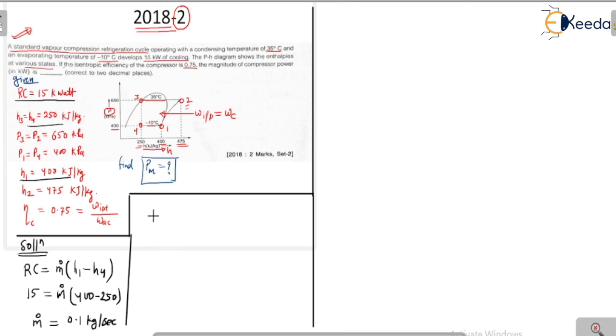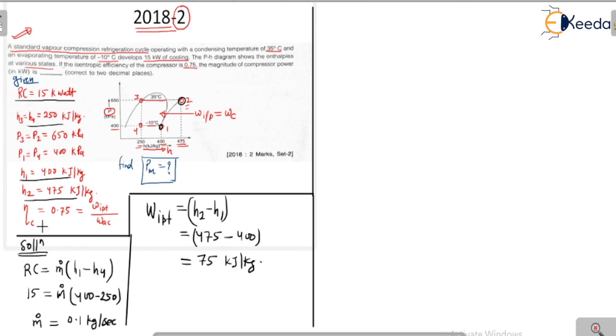After that you can find your work done isentropically, and that is H2 minus H1, your compressor work. By the given data, H2 is 475 and H1 is 400. So your isentropic work is 75 kilojoule per kg.